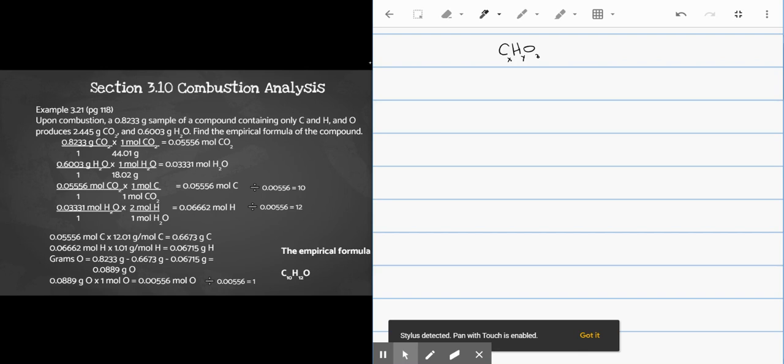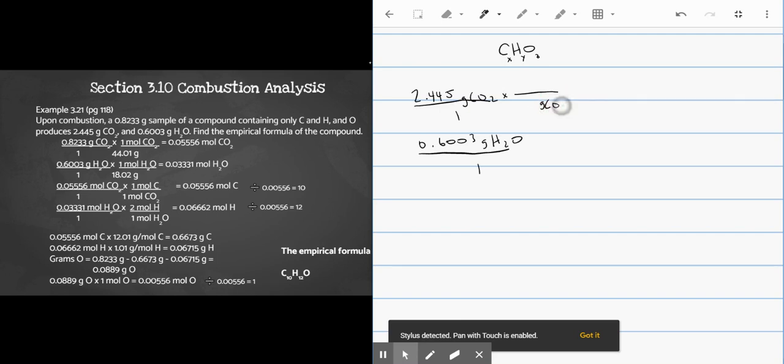We are given 2.445 grams of CO2, and we are given 0.6003 grams of H2O as our starting point. So when they burned the sample, this is what the carbon dioxide and water they got out was. Okay, so remember, our first step is change it from grams to moles.